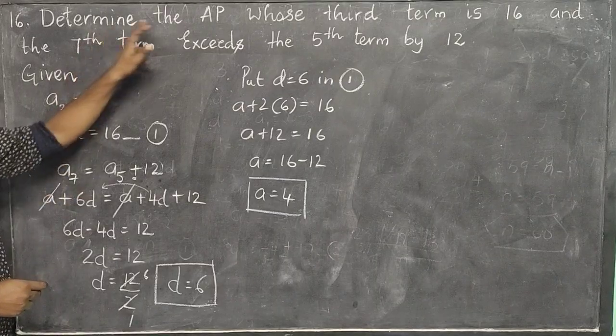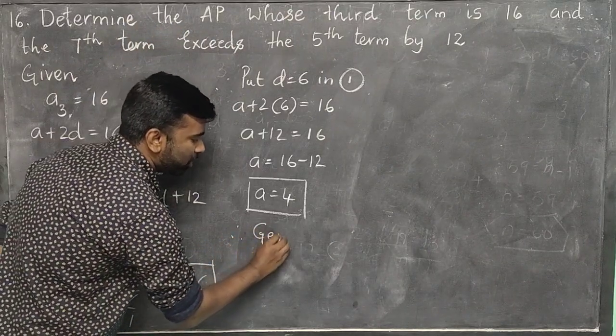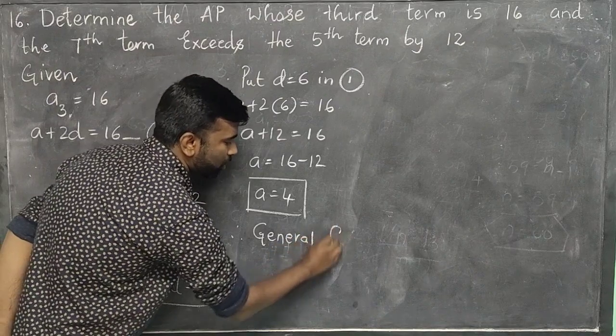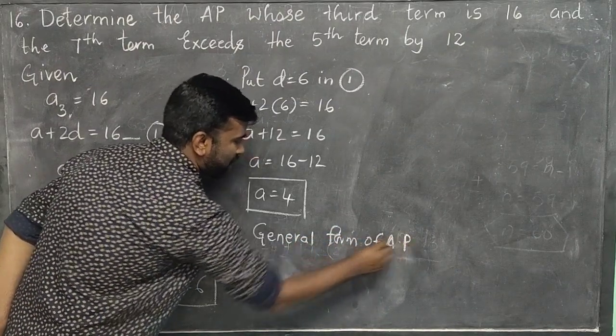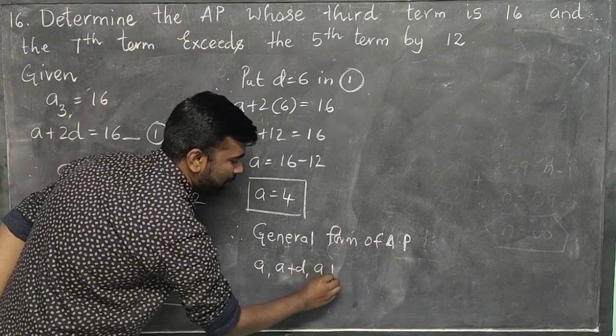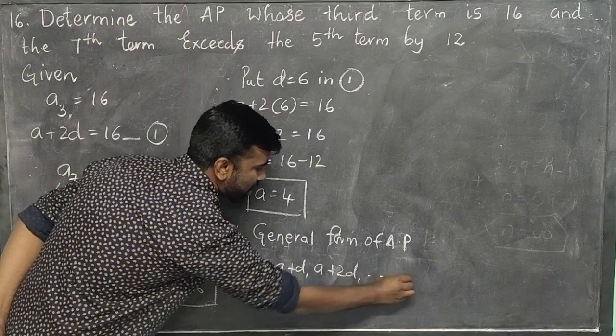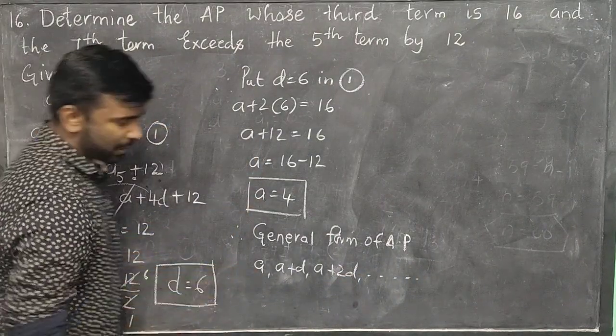Friends, now we need to find out the AP. Now using general form of AP, what is the general form of AP? The first term is A, next term is A plus D, third term is A plus 2D, and so on. Now substitute the value of A and D in this general form.